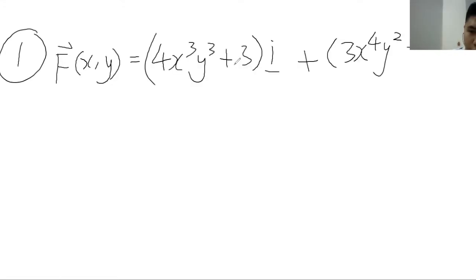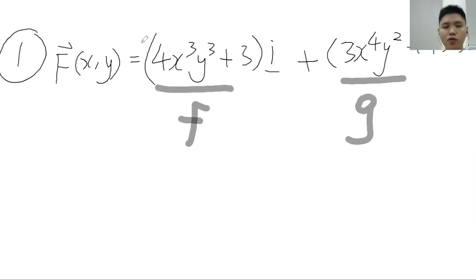First example, a vector field in two variables. The first part is x to some power plus 1, and the second part is the j component. We just call this part f and this part g. It's very simple: we differentiate with respect to the opposite variable.